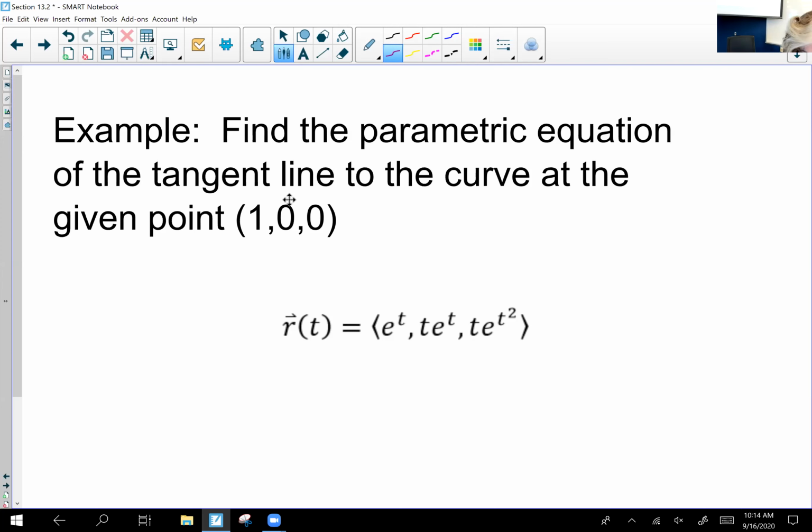All right, now this one's a little different, because we want to find the parametric equation of the tangent line to the curve at a particular given point. Give me a thumbs up or let me know when we're good to actually start working the problem.